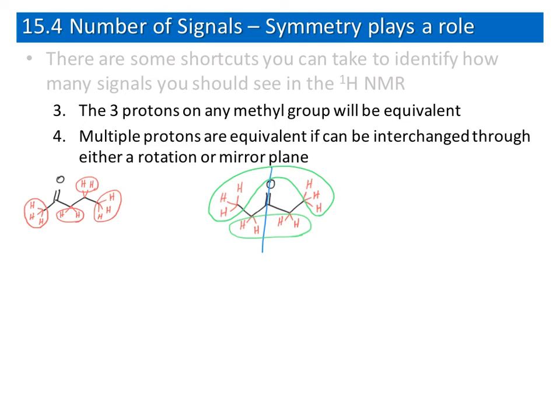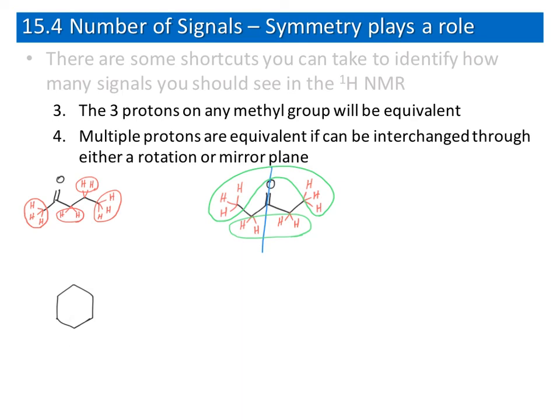Now let's look at another molecule. So this is a cyclohexane. Now cyclohexane has 12 hydrogens. These 2 hydrogens, these 2 hydrogens, these 2 hydrogens, all the hydrogens around the ring, they are all equivalent because there is a plane of symmetry here, here, and here, which makes all of these hydrogens identical.